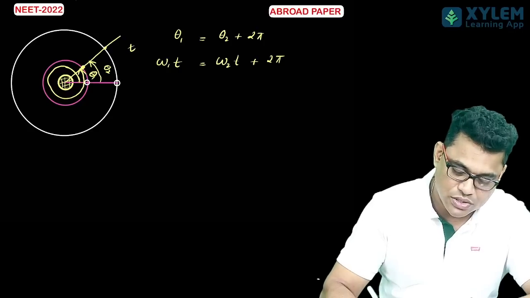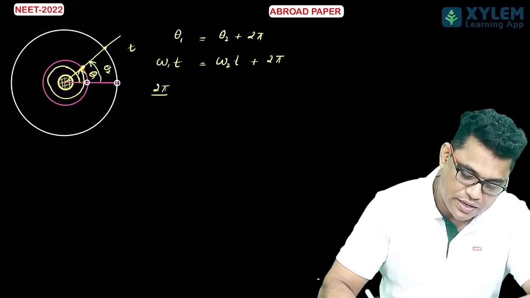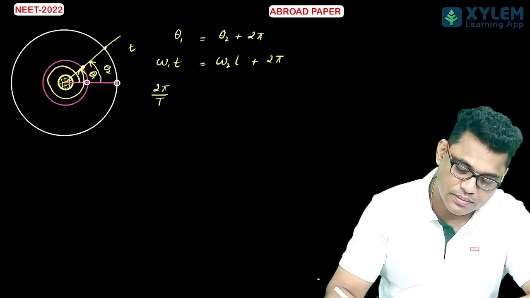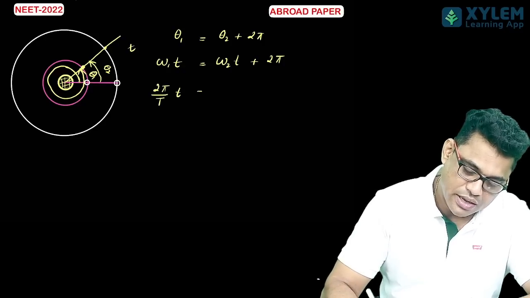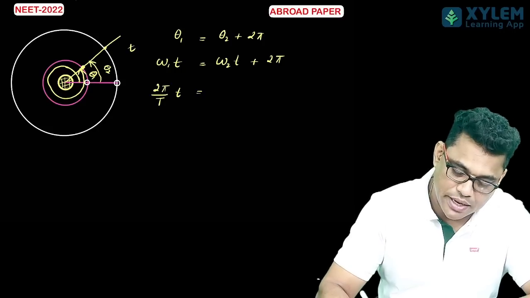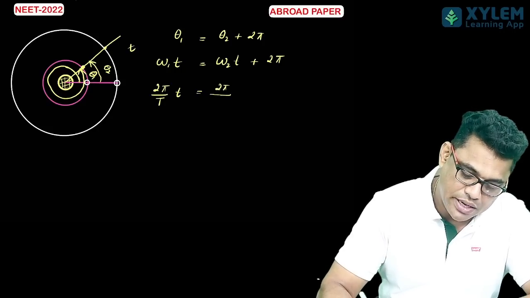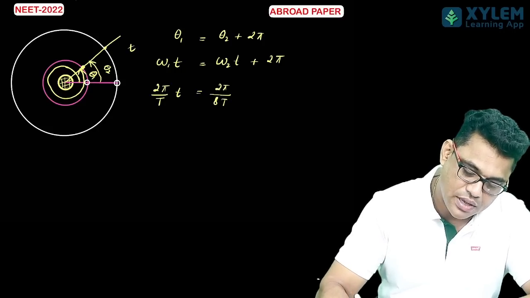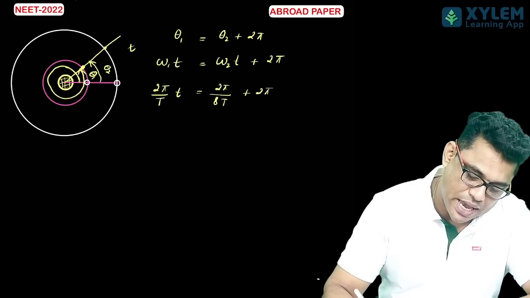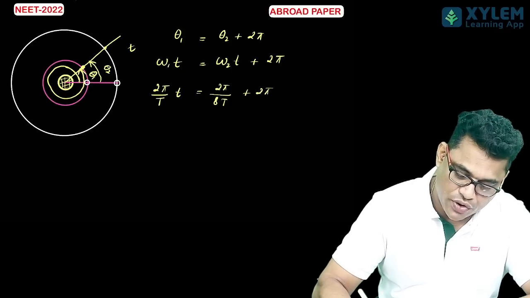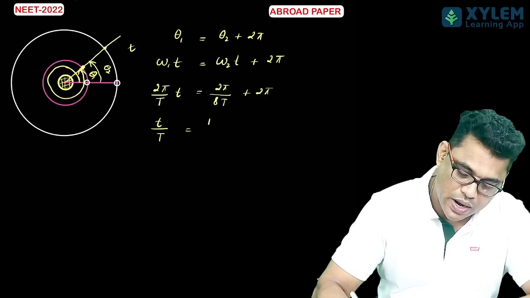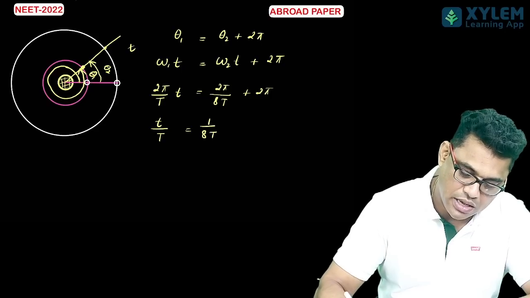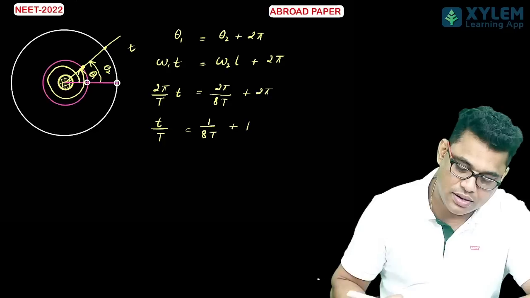Omega 1 is 2 pi by T1, and T1 is T, into t is equal to omega 2, which can be written as 2 pi by its time period, 8T, into t, plus 2 pi. 2 pi can be cancelled from everywhere. Therefore, you get t divided by T is equal to t divided by 8T plus 1.